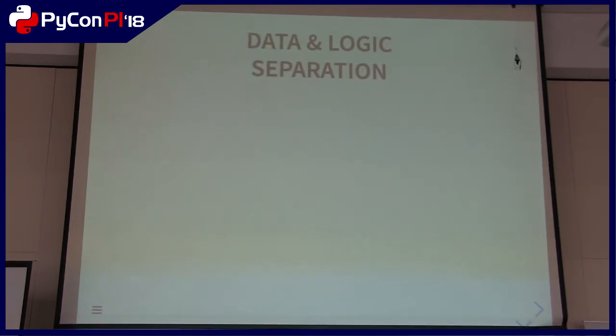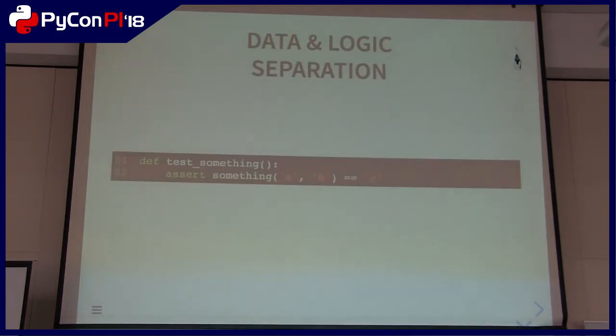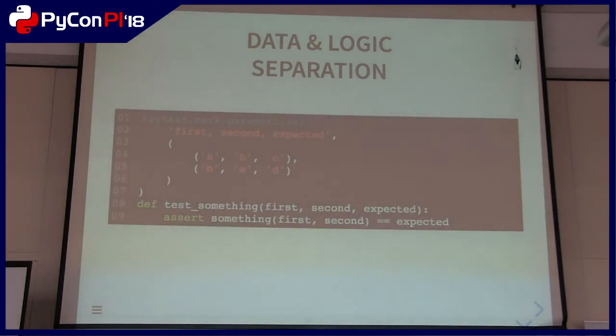When you're writing tests, usually you use some values as input, and you expect some values as an output. But if you're hard-coding these values in your test code, it makes it less extendable. And if you keep it separate, it will allow you to easily extend your code.